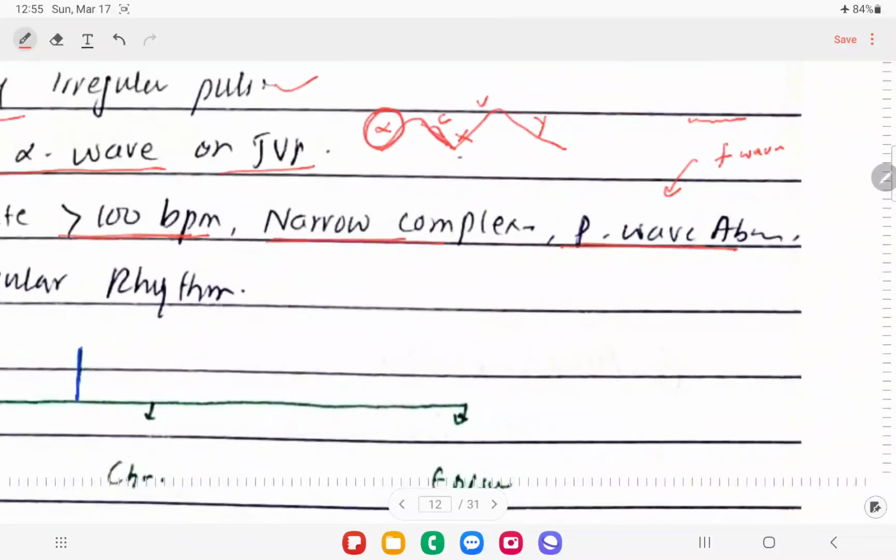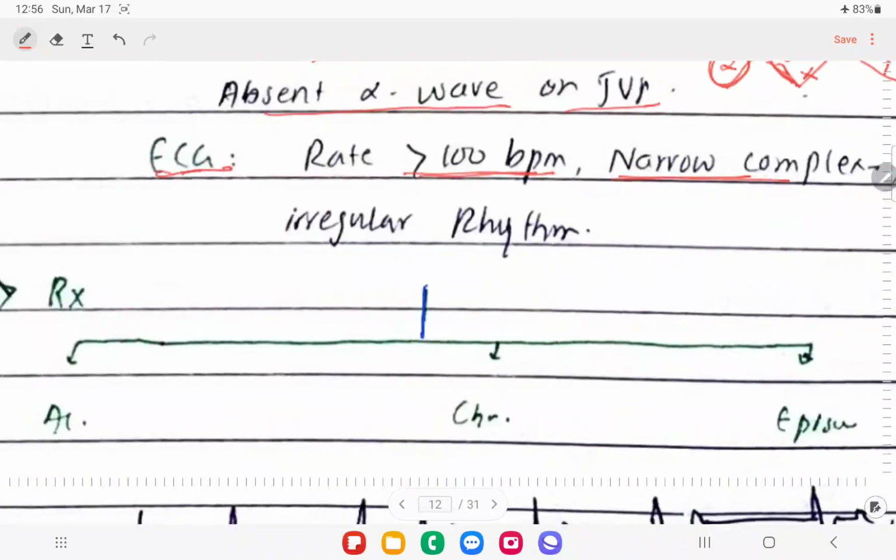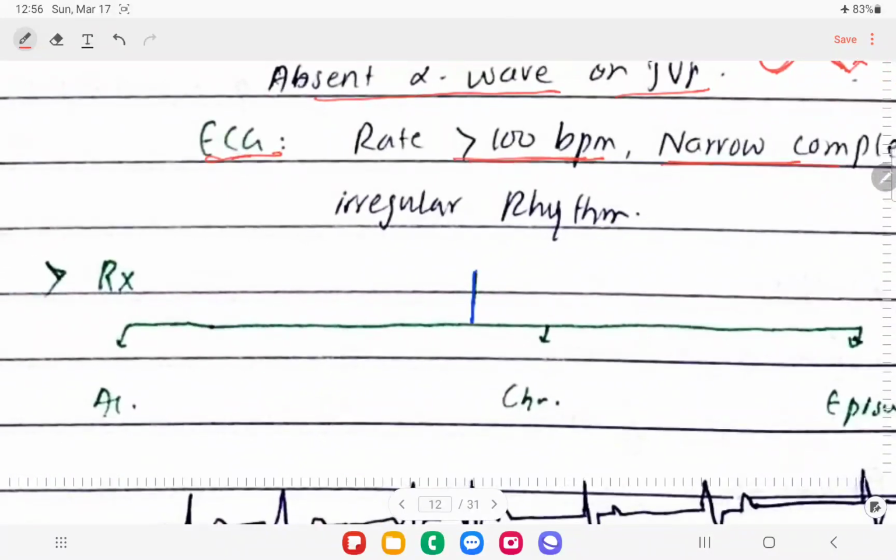Sometimes in lead V1 we might see fluttering waves, which should not be confused. So if we get an irregular pulse and lead 2 is having F waves, oscillating waves, we're going to call it atrial fibrillation. There will be an irregular rhythm.